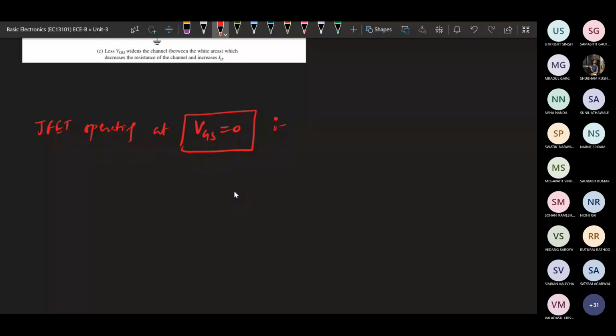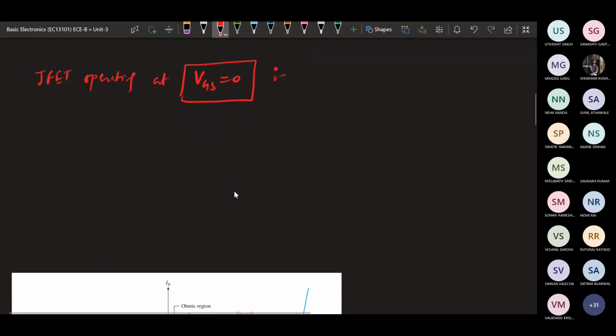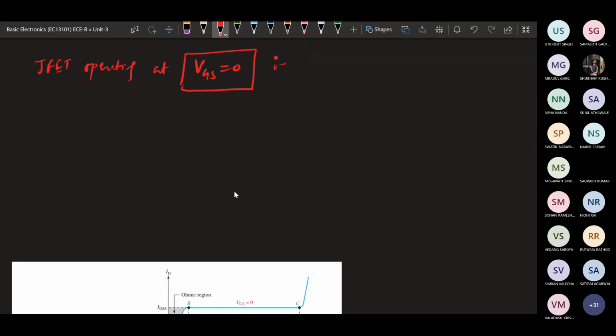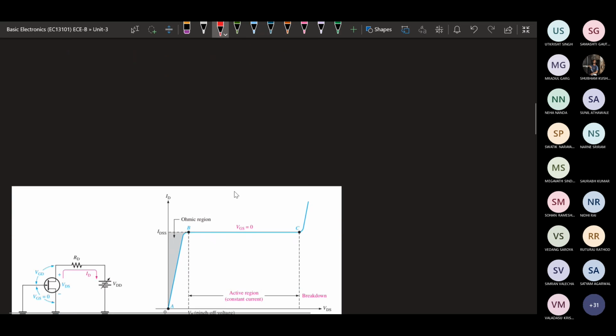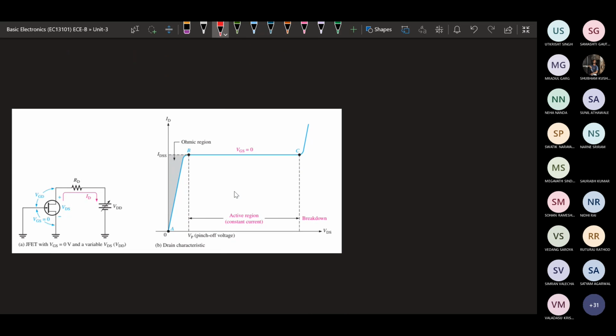VGS equals 0 means whatever gate to source voltage we have applied is 0 across the gate to source terminal. So this will be the setup, where VGS is made 0 and VDS is going to vary.